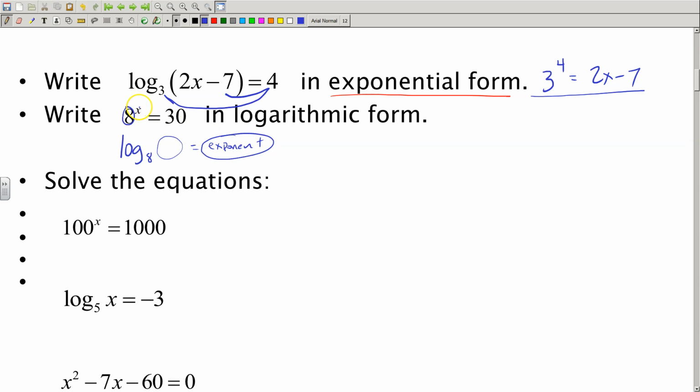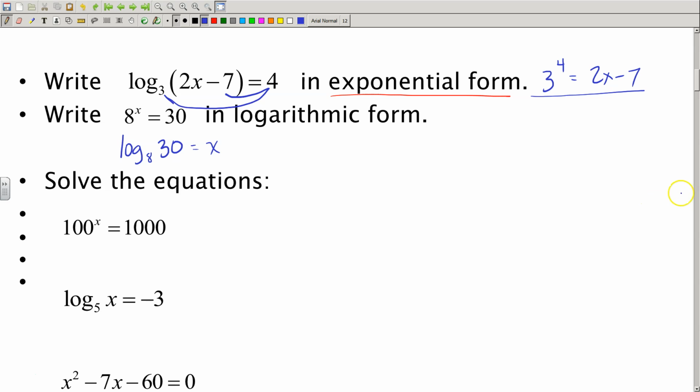Well, if we look in our original equation, the only exponent that we have there is x. So that x would have to be on the right. And then the result of that, the 30, would have to be here. This is log form, meaning both of these equations that I just circled are equivalent. They're expressing the same relationship, but one is written with a log function involved, and one is not.